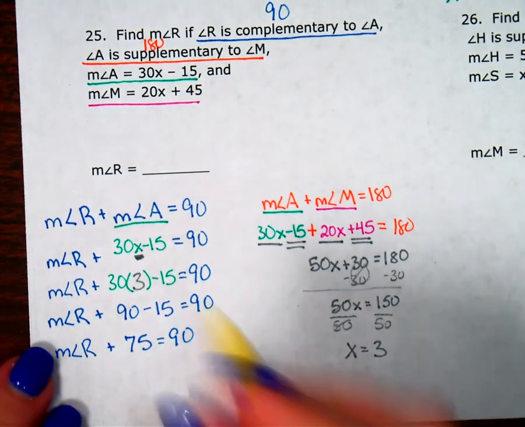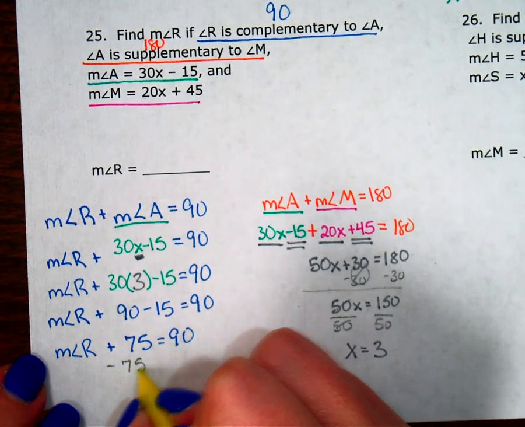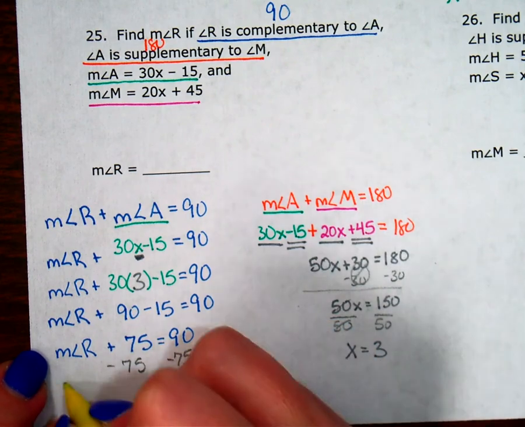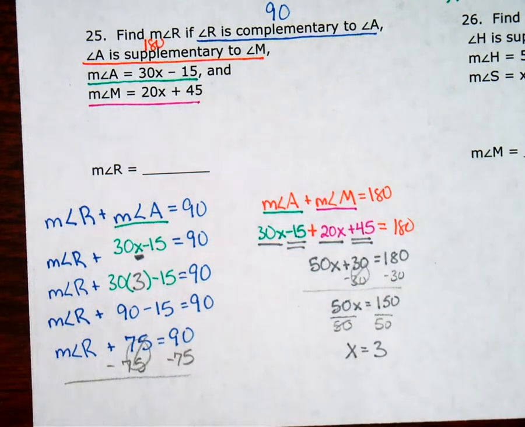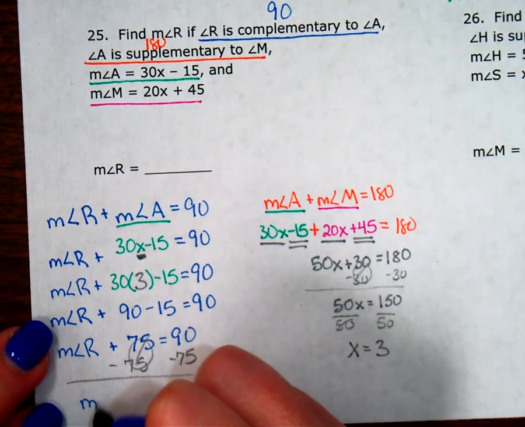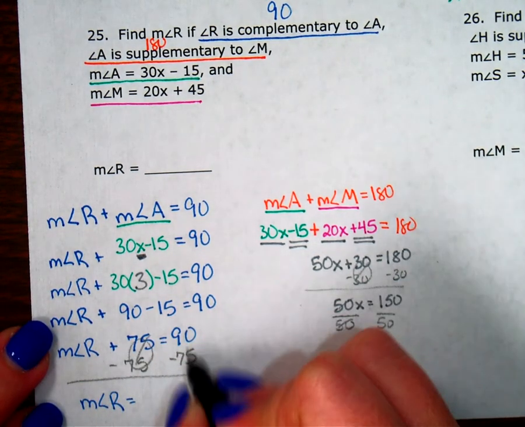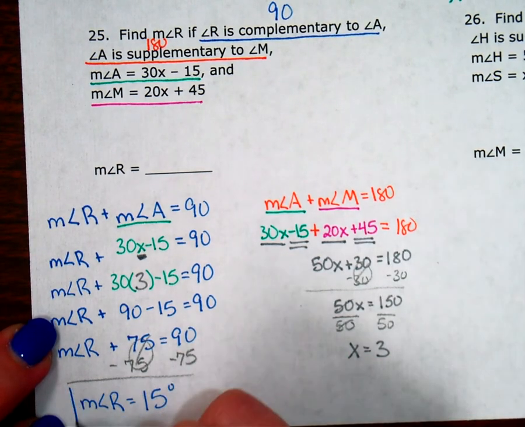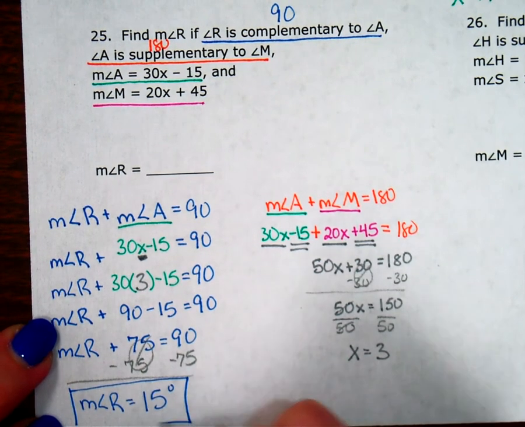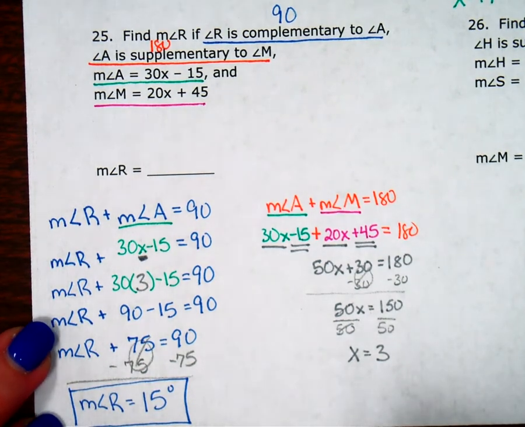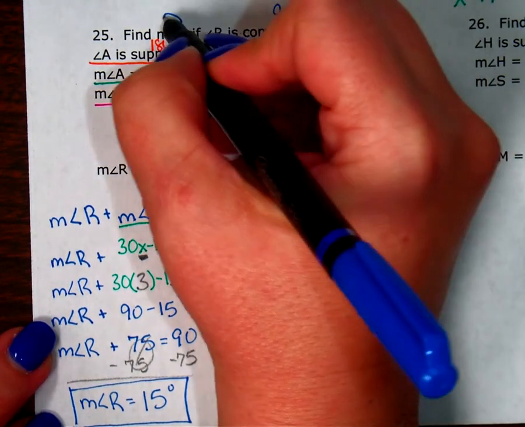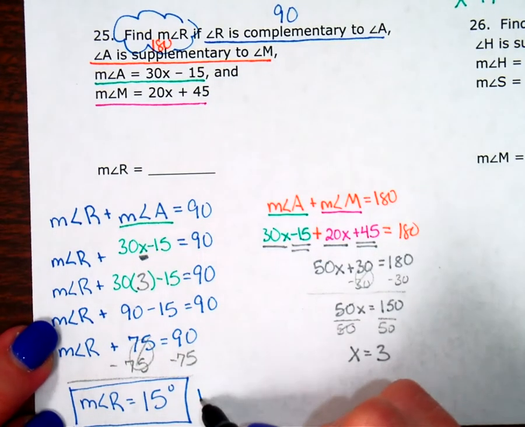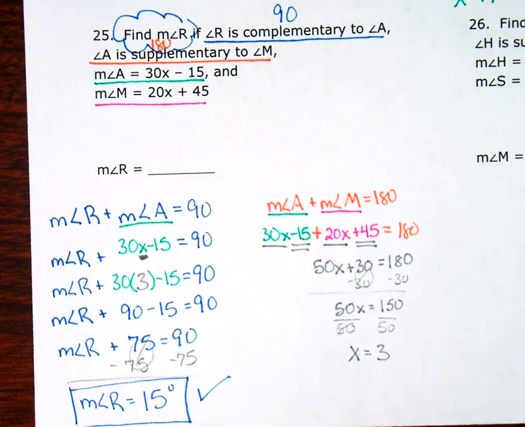I'm going to take away 75 on both sides, and the measure of angle R equals 90 minus 75, which is 15 degrees. Okay? And it was asking me to find the measure of angle R, and that is what I have done. It is 15 degrees.